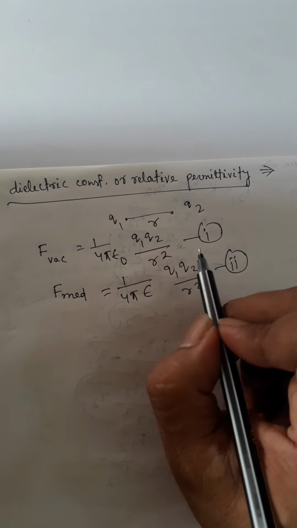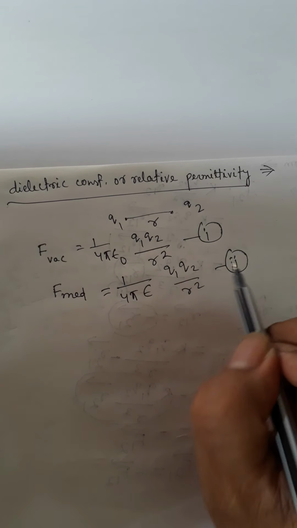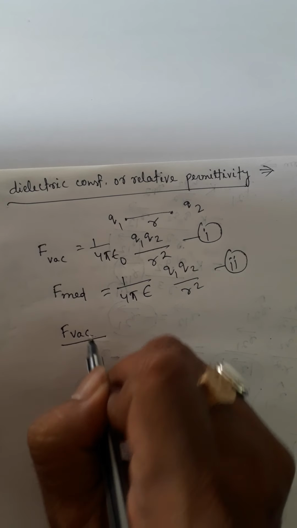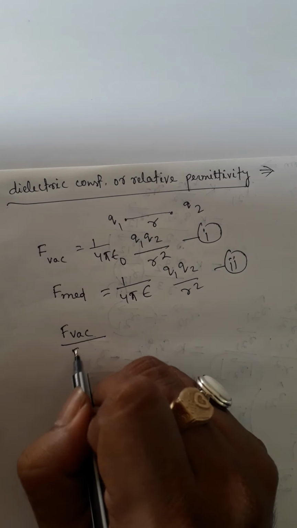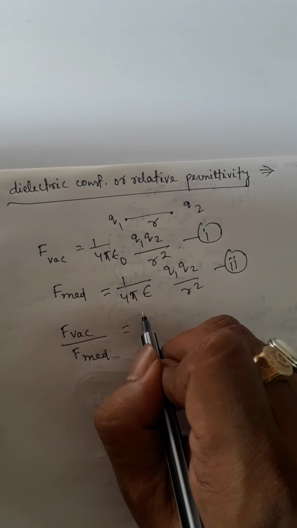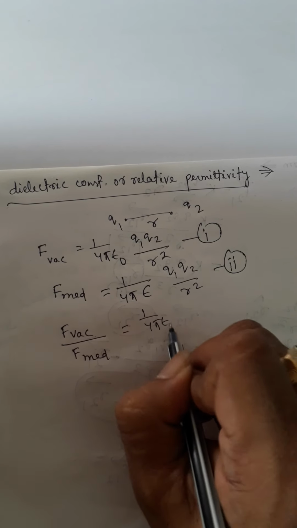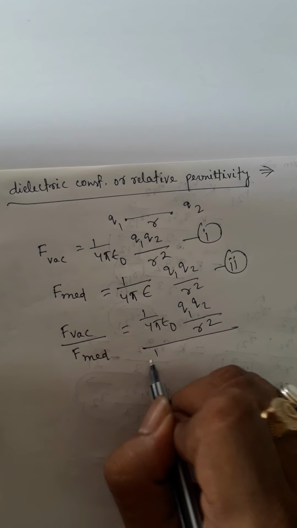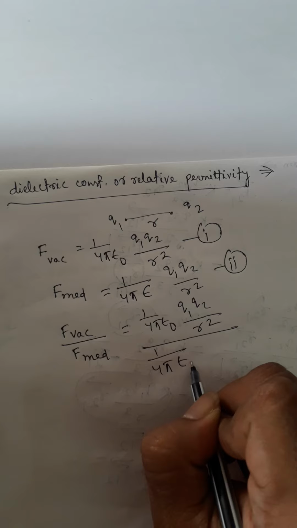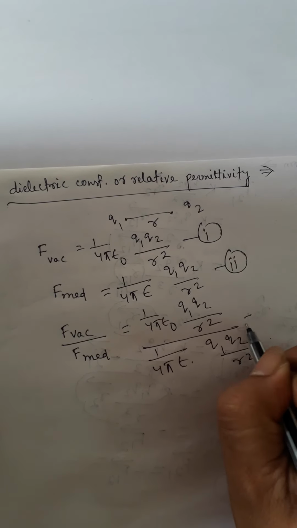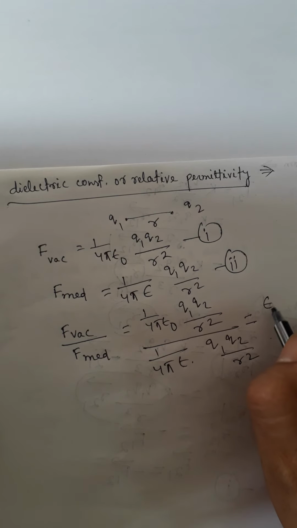So dividing equation 1 by equation 2, we can write F vacuum or free space divided by F in medium, that will be 1 by 4 pi epsilon naught q1 q2 upon r square divided by 1 by 4 pi epsilon q1 q2 upon r square. It will be epsilon divided by epsilon naught.